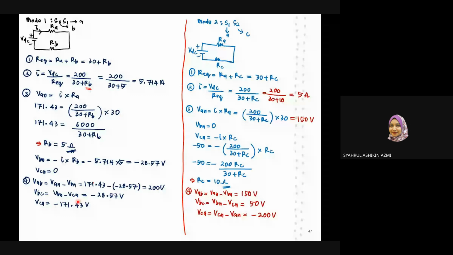So now basically you already know the information. RA is given in the question, 30 ohm. Calculate for mode number 3, RB and RC.